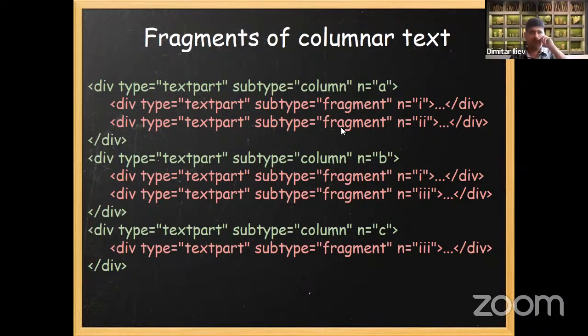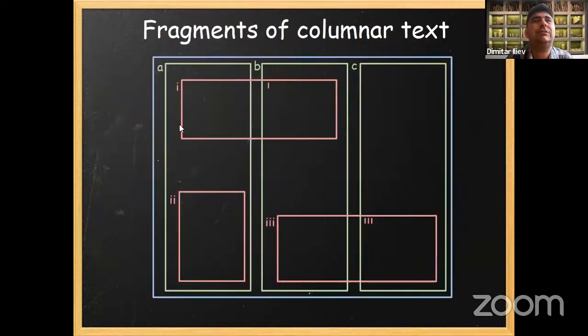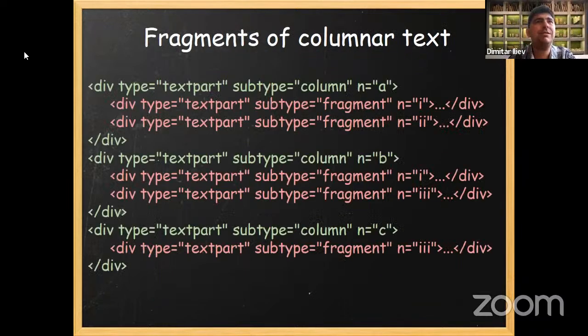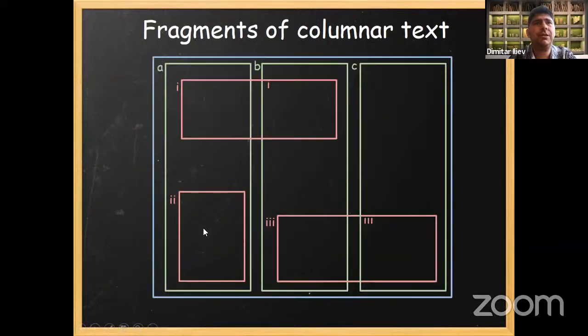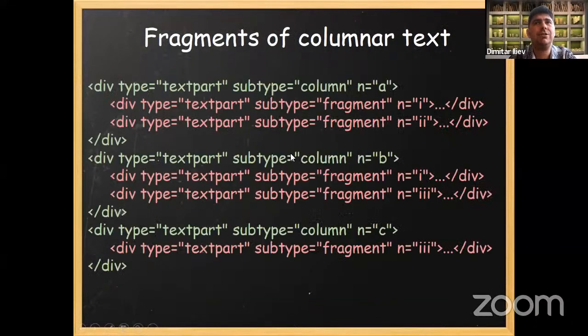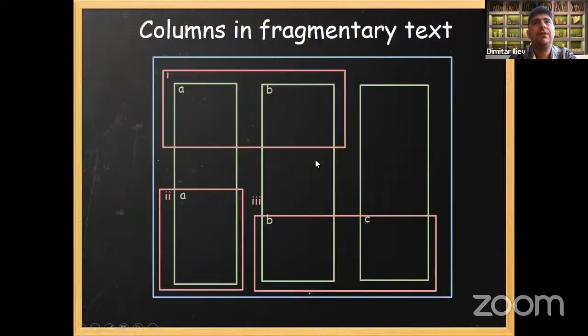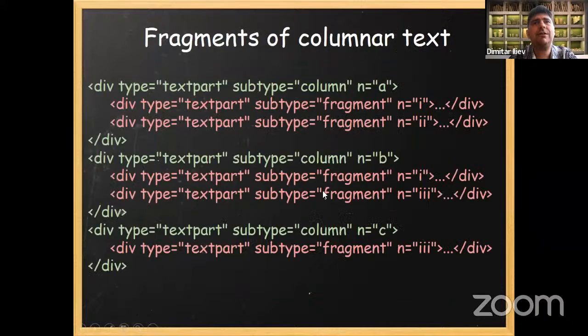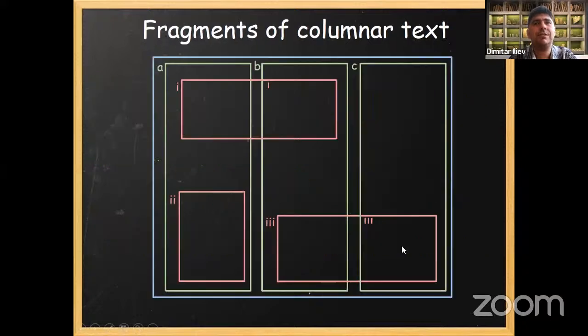I don't know if you're able to follow, but you will have your presentation link and you can switch between this visualization of what's taking place and this encoding. Here we have fragment number 1 in both sides, and fragment number 2 only here in column A because it exists only here, and 3 we have in column B and column C because it spans between them.